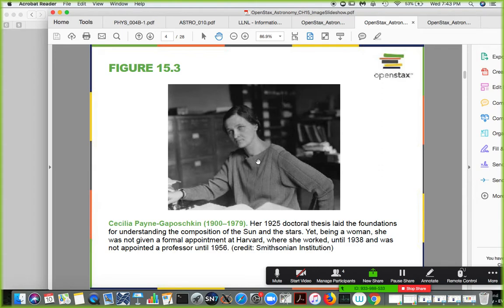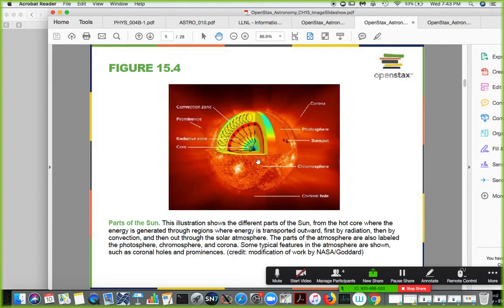But they were not doing a good job, and these women were really hired. They were not paid as much money as the men were, but they did an excellent job. As you study stellar classification in the next chapter, which I will talk about tomorrow, remember their contribution.